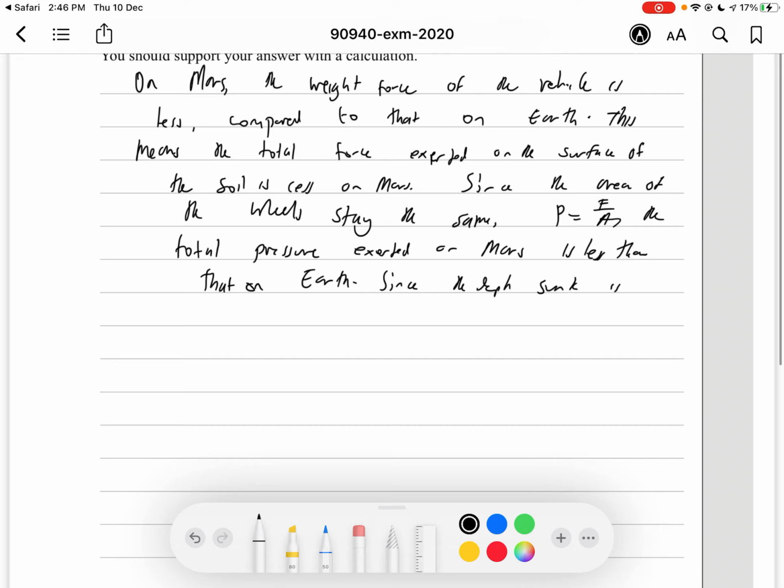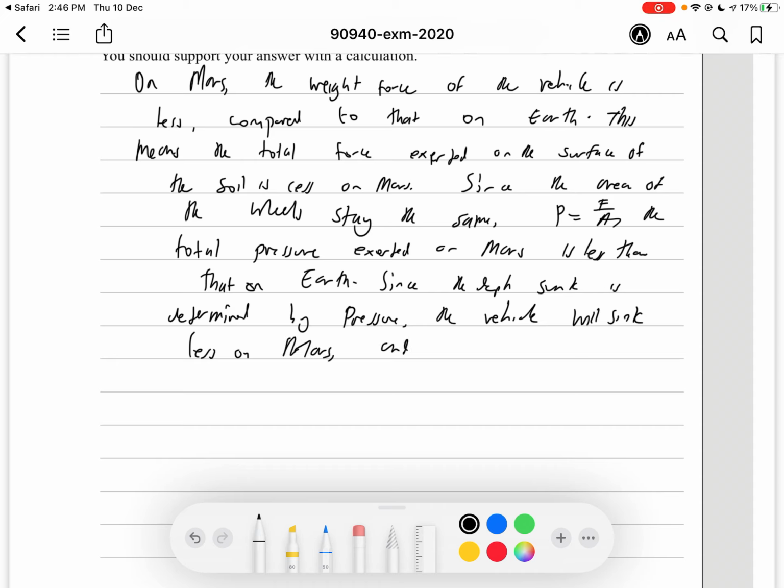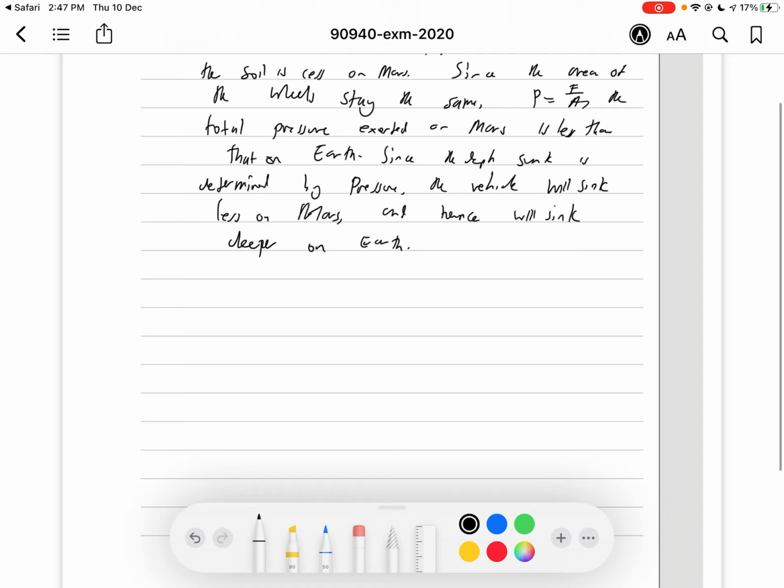Since the depth sunk is determined by the amount of pressure, the vehicle sinks less on Mars, and hence will sink deeper on Earth. So that's our explanation.